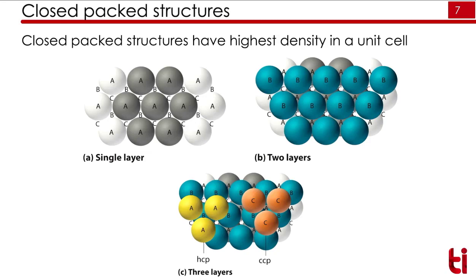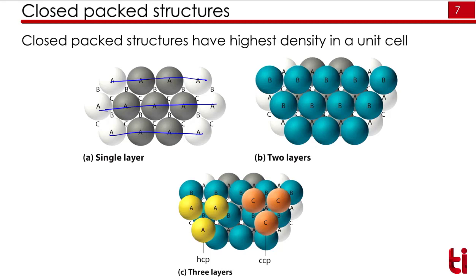Now suppose we have a layer of atoms. That layer of atoms we call the A layer. You can see here these atoms are arranged in a row-wise fashion. This layer we can call the A layer. Now this layer has some cavities.